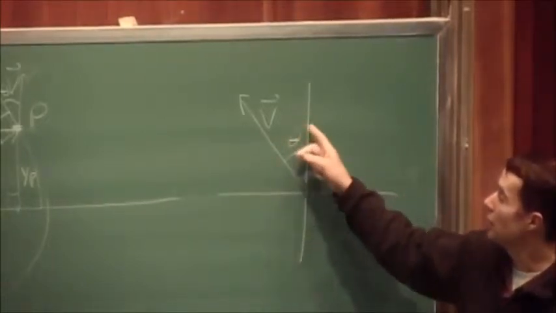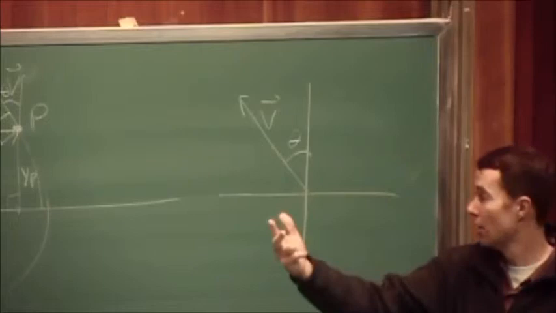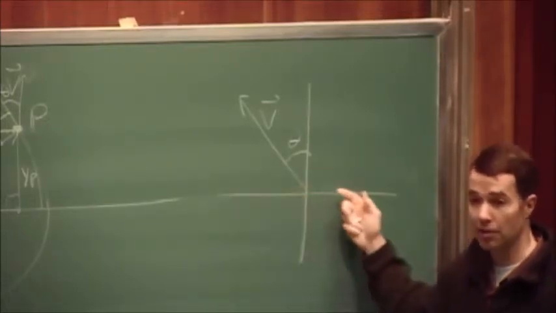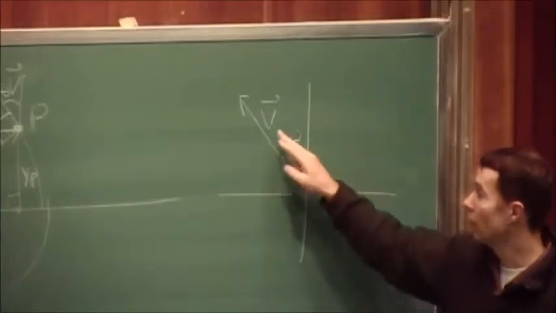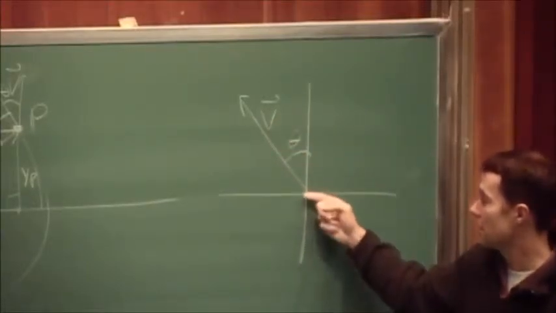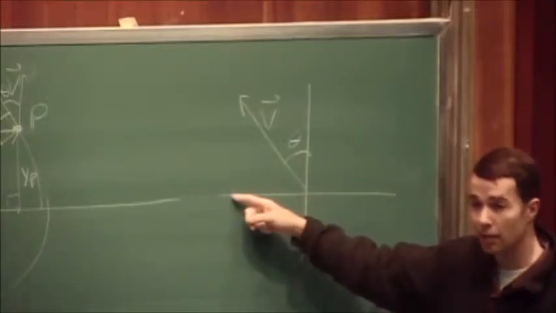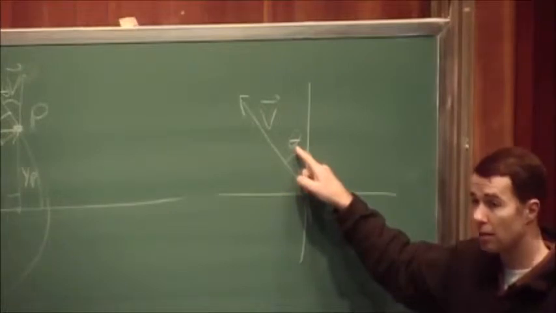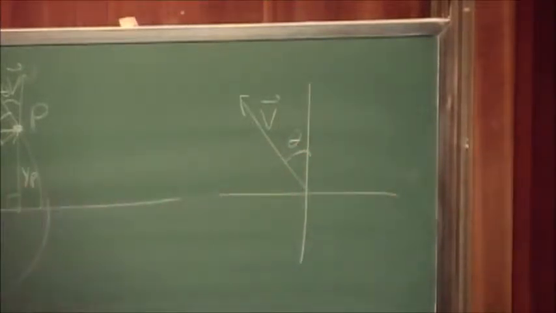The way to think about it is, all we need to remember is whether it is moving in the positive x direction or in the negative x direction. We can see from here that the velocity has a component that's negative in this direction. So for a positive angle theta, I need to have a negative value. So that's why I put a minus.